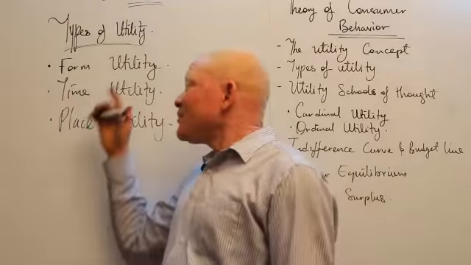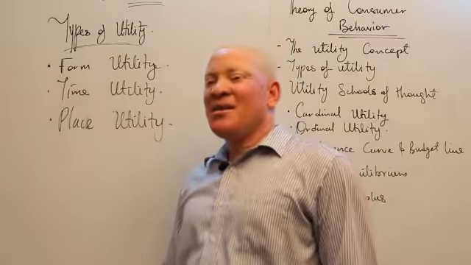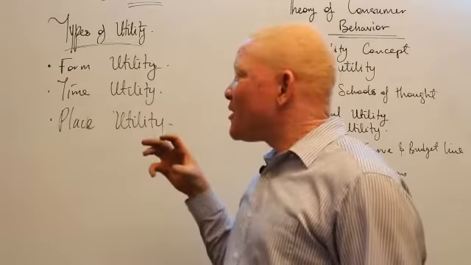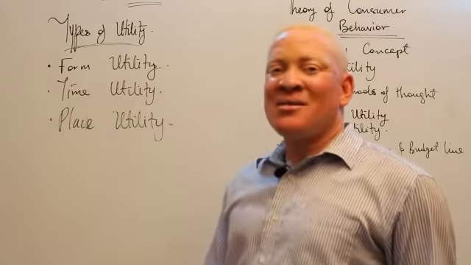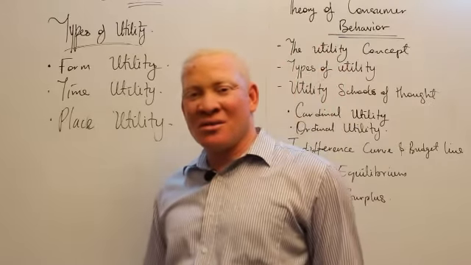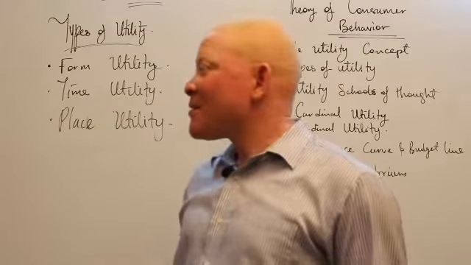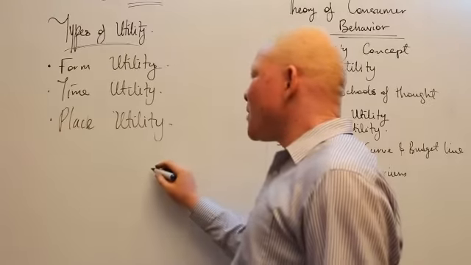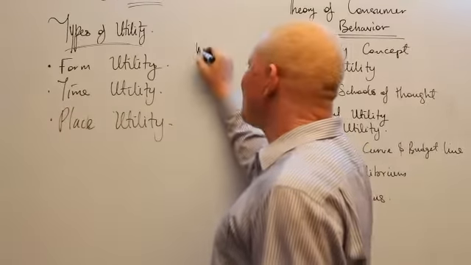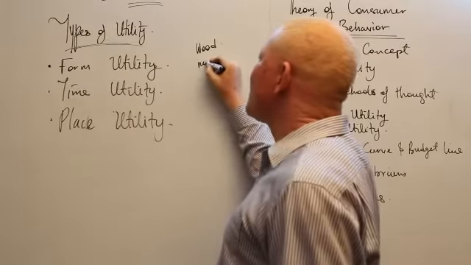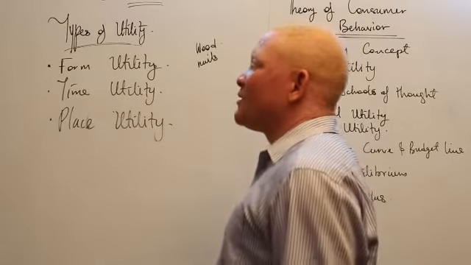Now, form utility is the satisfaction that is derivable from a commodity because of a change in its appearance or a reconstruction of its constituents. For instance, when we have wood, nails, and so on.